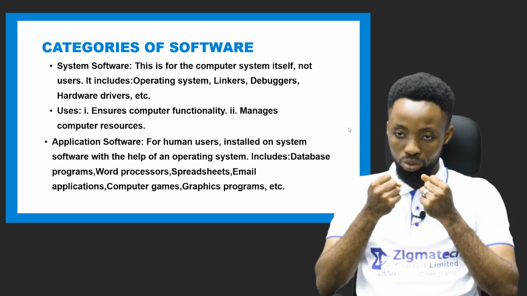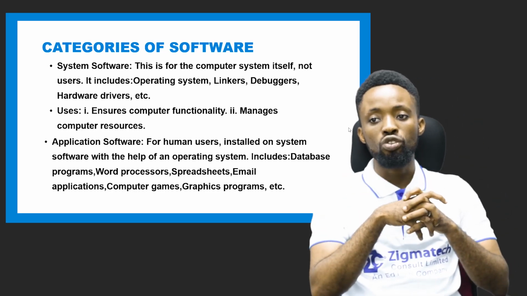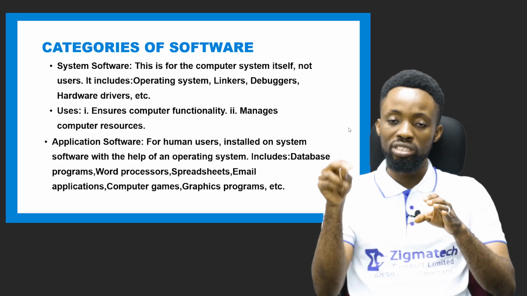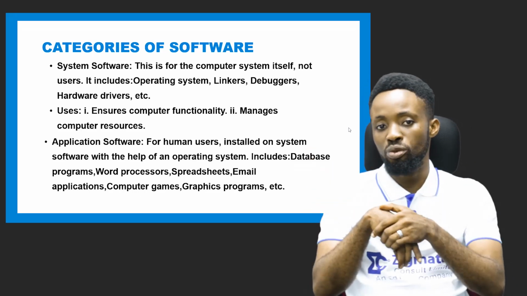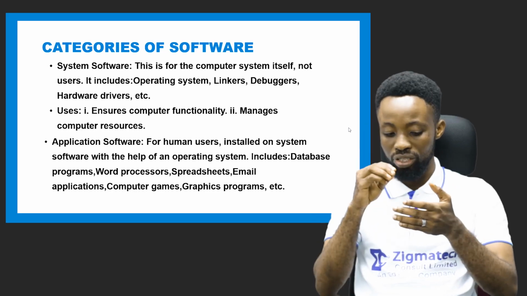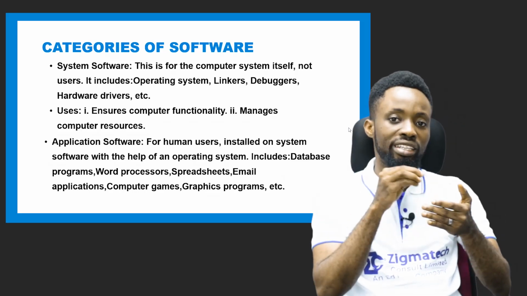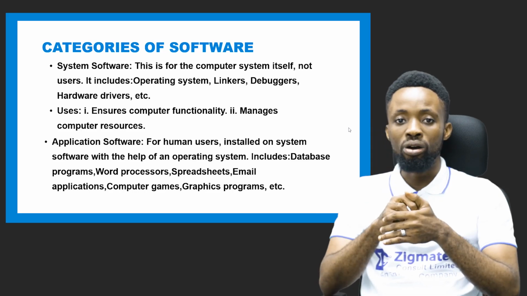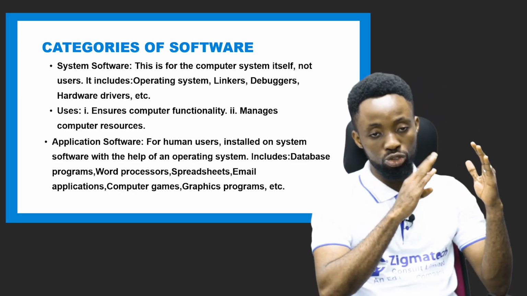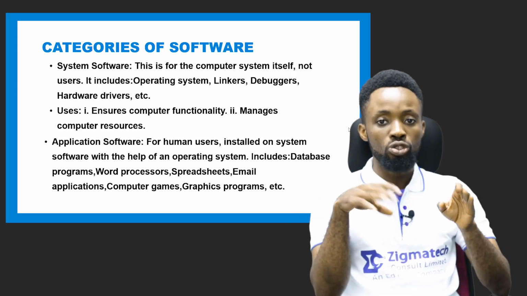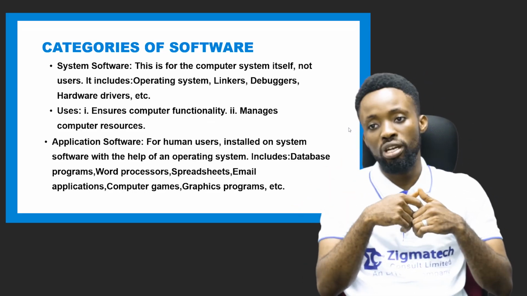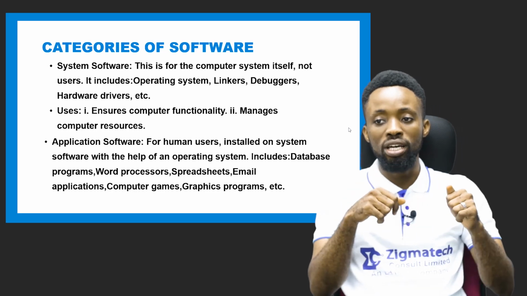It came directly from the manufacturer. So it's in the hardware itself. So when you buy a hardware device, the program in it that helps it to run or carry out tasks connected with geographic information system is actually the system software. So you can see it as an inbuilt software that is made for the computer itself.